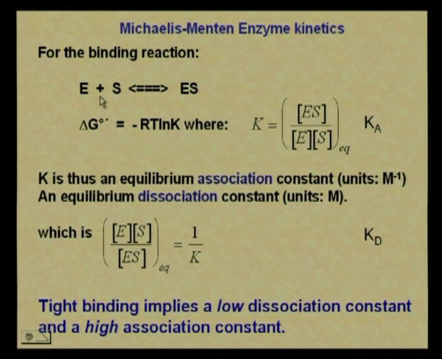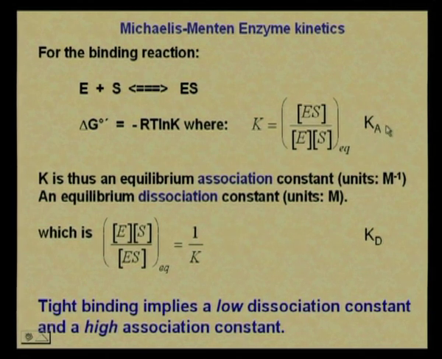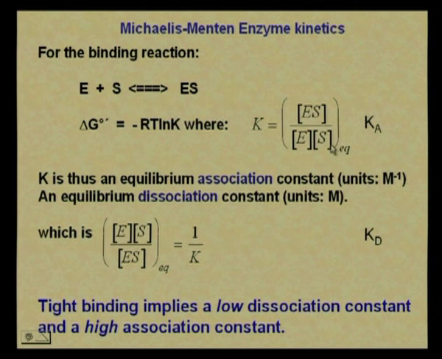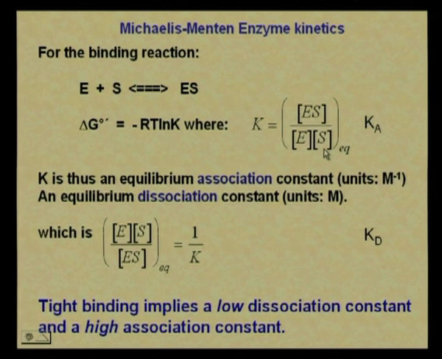So, for this particular binding reaction, we have E plus S that takes us to the enzyme substrate complex, and we have an association constant associated with it. You recognize that the units of the association constant are mole inverse, because the enzyme substrate complex is in moles, the enzyme is in moles, and so is the substrate.